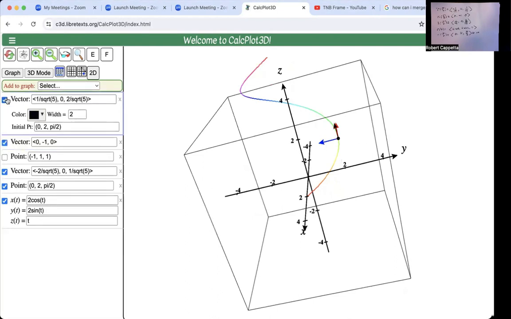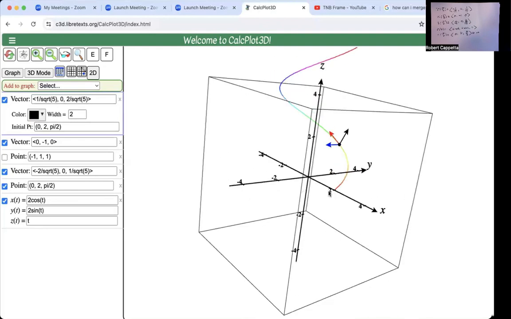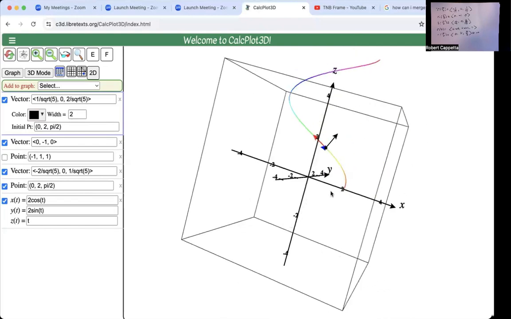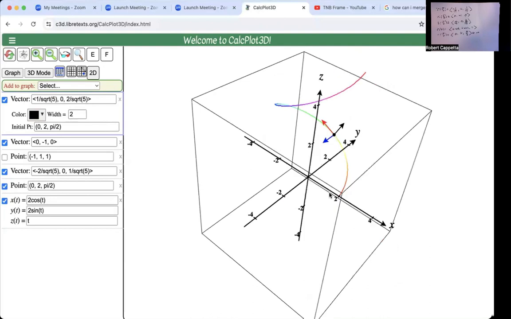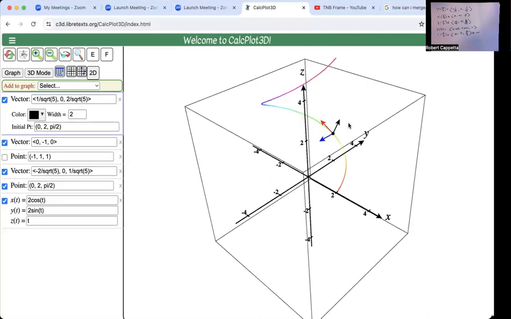So let's take a look at that one, at that same point, 0, 2, pi over 2. Let's turn that vector on. Now, from this view, they don't all look orthogonal to each other. Let's move it around a little bit. Now, can you believe the red, blue, and black vectors are mutually orthogonal? Looking at it just the right way, I think you can see that. And also think of the right-hand rule: red cross blue equals black is going to give us the binormal vector, all length 1 as well.